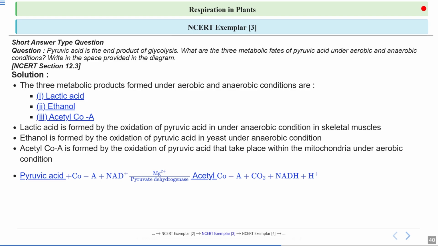In the equation, we can see that pyruvic acid plus coenzyme A plus NAD+, catalyzed by the enzyme pyruvate dehydrogenase in the presence of Mg2+, gives acetyl coenzyme A plus carbon dioxide plus NADH and H+. This is the reaction of oxidative decarboxylation and how acetyl coenzyme A is produced.